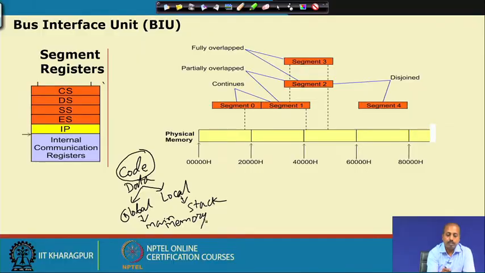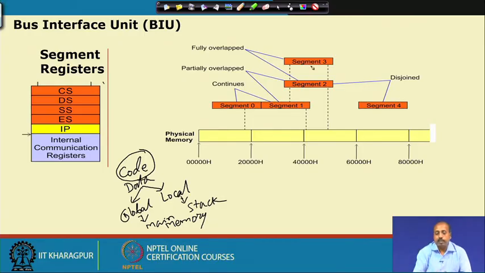So, we have these segment registers, and you can divide the physical memory into a number of segments, like 0000 to 2008, then 40. Now, you can name these segments: this is segment 0, this is segment 1, then segments 2 and 3.